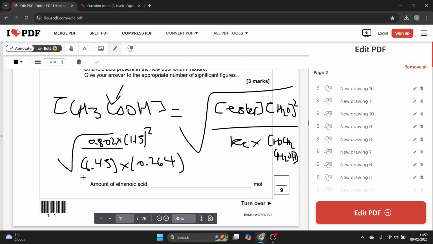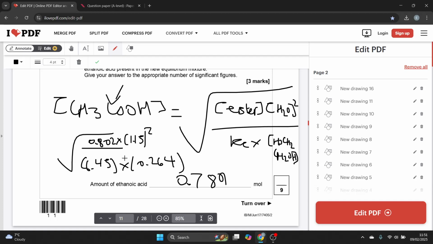Square root of 0.802 times 1.15 squared divided by 6.45 divided by 0.264, and 0.789.